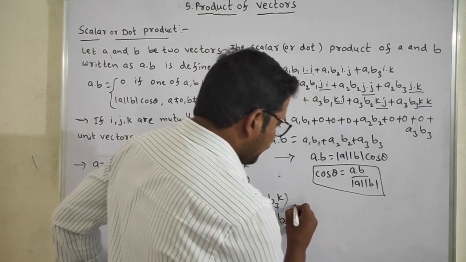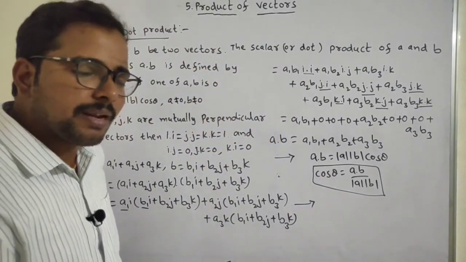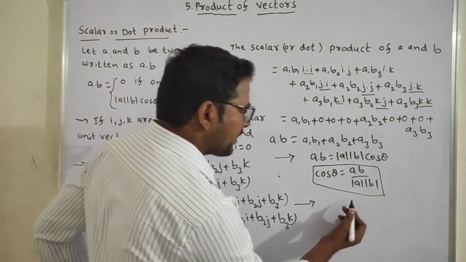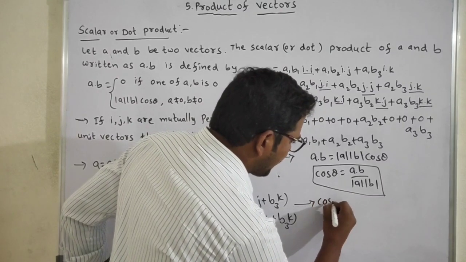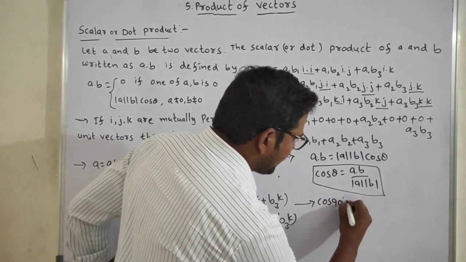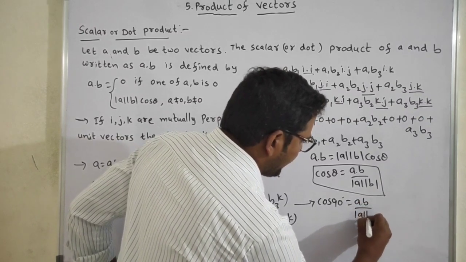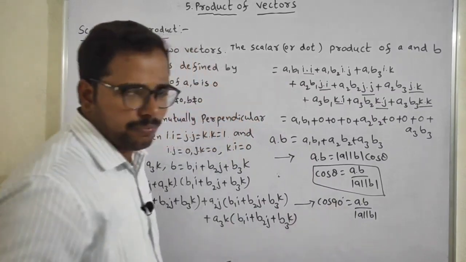Suppose if two vectors are perpendicular, perpendicular means theta is equals to 90 degrees. Suppose if I take here 90 degrees, cos 90 degrees, what will happen? Cos 90 is equals to a dot b by mod a mod b. Cos 90 degrees value is 0.